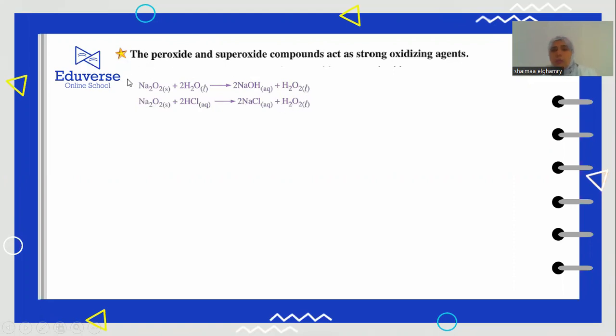What about the superoxide? Because it has more and more oxygen, when it reacts with water, it gives us potassium hydroxide, hydrogen peroxide, and oxygen gas evolves. So potassium superoxide, when it reacts with acid, gives us salt and hydrogen peroxide, and oxygen gas evolves.